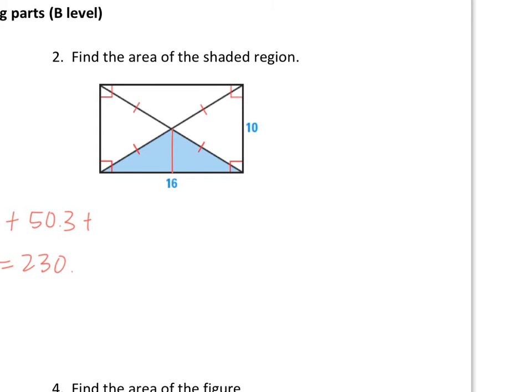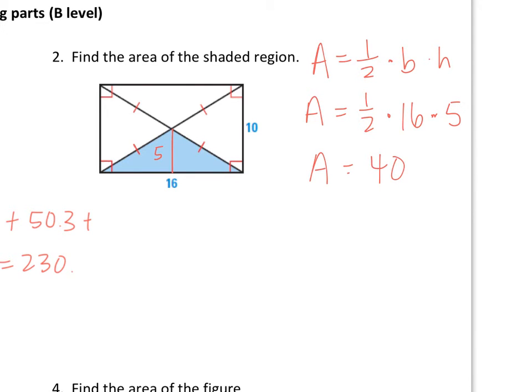The height, well, that would just be half the height of the rectangle, which is going to be 5. So area of a triangle is 1/2 base times height. So here we've got 1/2 times the base, 16, times the height, 5. So area equals 40. That one was pretty quick.